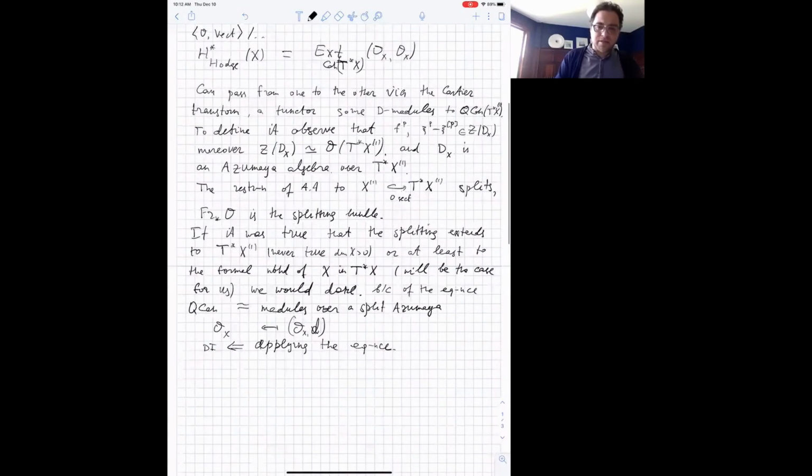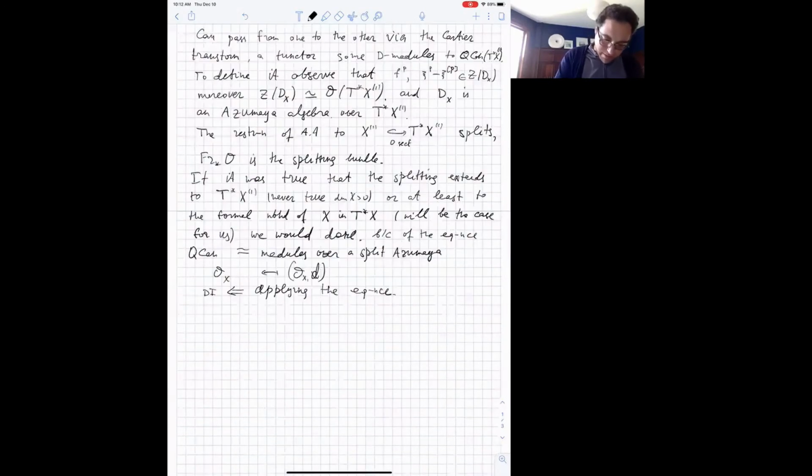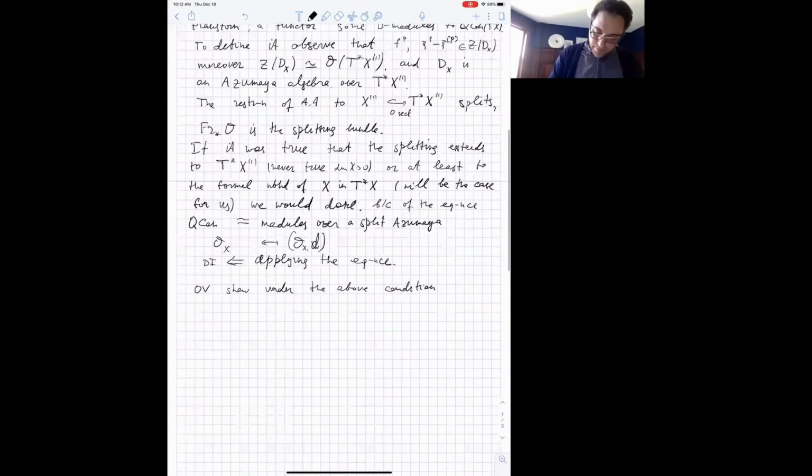What happens in reality is a little bit more complicated, but August Vologodsky show that under the above condition, the Azumaya algebra splits on a divided power neighborhood of X in T star X, and that suffices.